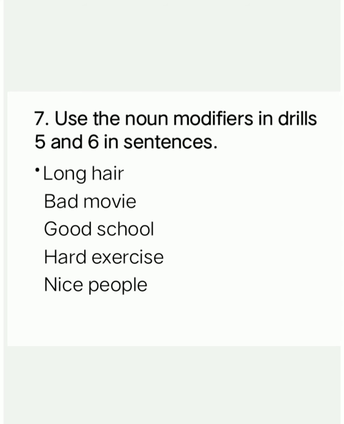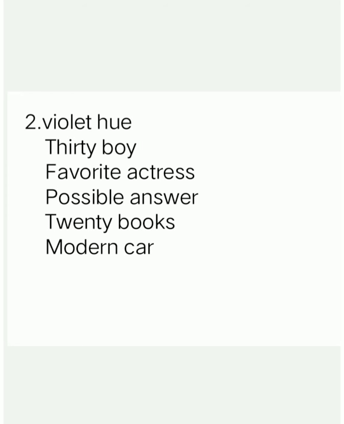First, adjective-noun combination: long hair, bad movie, good school, hard exercise, nice people. Second: favorite actress, possible answer, 20 books, modern car.